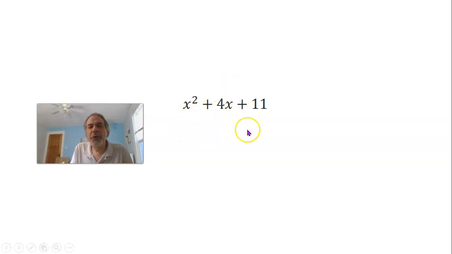And if we were going to pull this apart into those two binomials, we'd need numbers that multiply to 11 and add up to 4. But the only numbers that multiply to 11 would just be 11 times 1, or negative 11 times negative 1. And that's not going to add up to 4, so we're kind of stuck. This can't be factored.